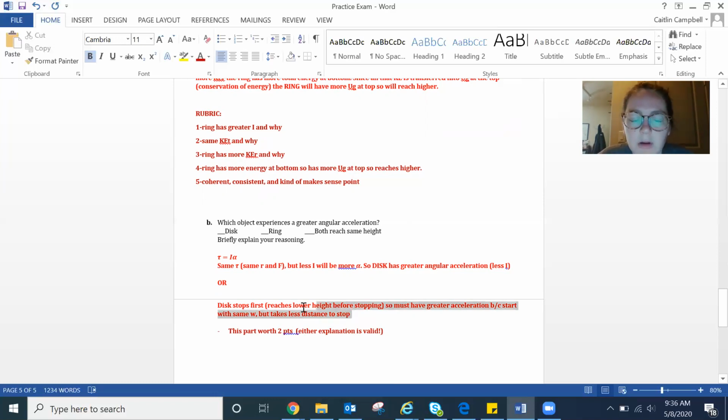So you could make some argument, and even if you said the ring was the one that slowed down first, you could have made that same argument as long as you're consistent between parts. This part is worth 2 points. So if you went the first route, something about the same torque, less I is more angular acceleration, you would have gotten the 2 points. Or this second method or reasoning will work as well.